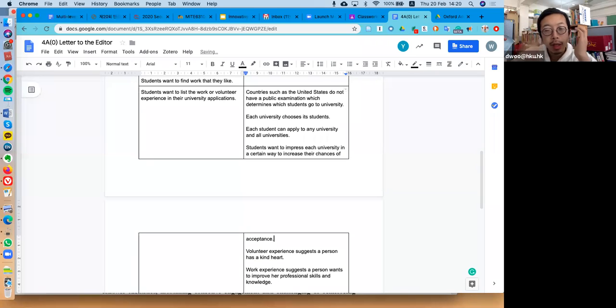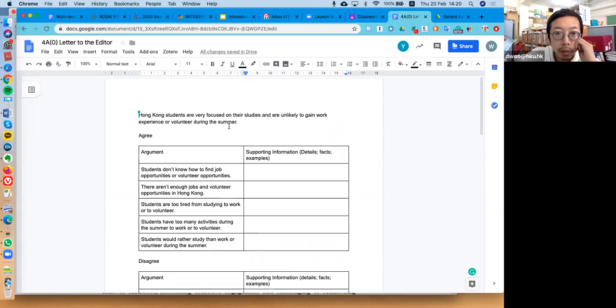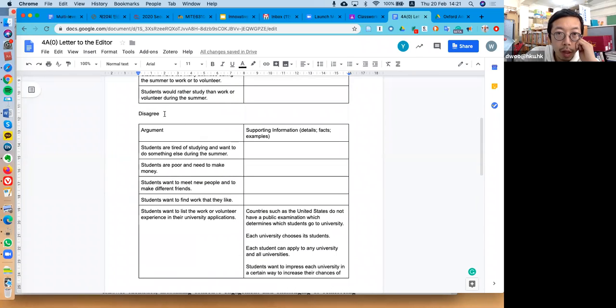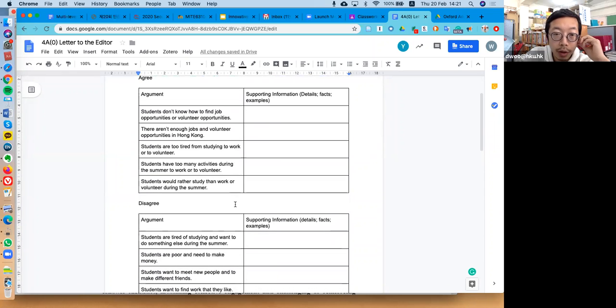Okay. I just listed a lot of supporting information about this reason, so I'll go back to it. Students are unlikely to gain work experience or volunteer during the summer, and we disagree. Strongly disagree. So that means that students are likely to gain work experience or volunteer during the summer.